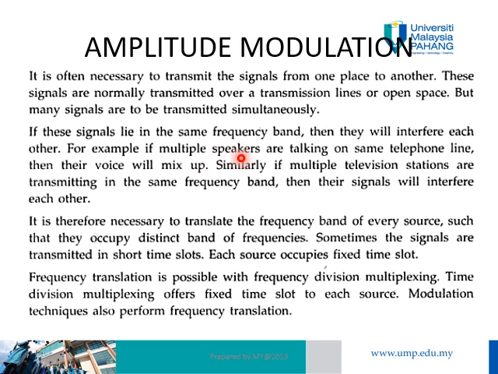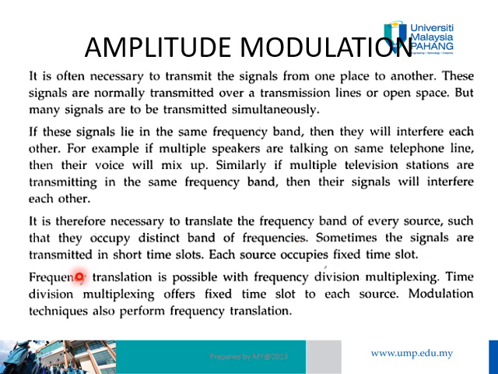For example, if multiple speakers are talking on the same telephone line, then their voices will mix up. Similarly, if multiple television stations are transmitting in the same frequency band, then their signals will interfere with each other. Therefore, it is necessary to translate the frequency band of every source, such that they occupy distinct bands of frequencies.